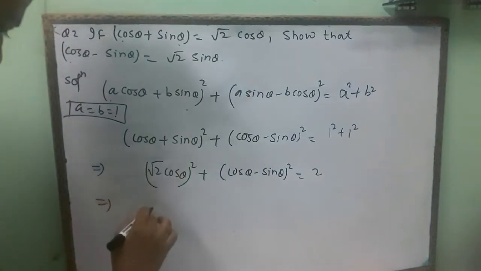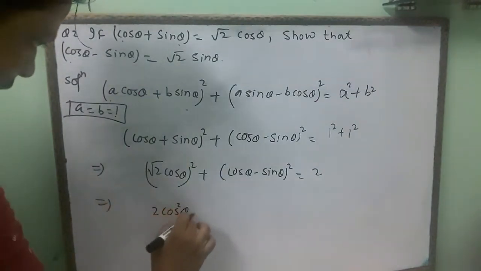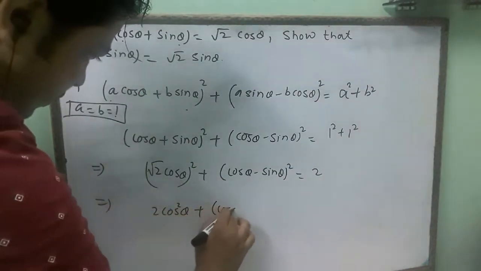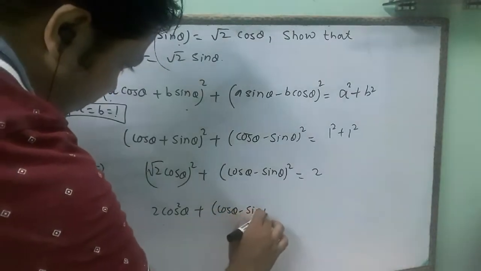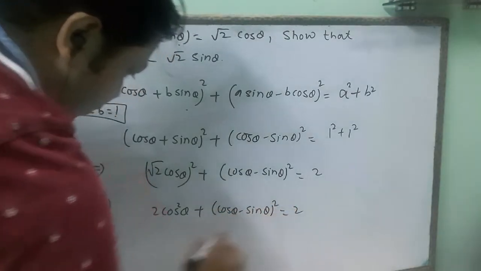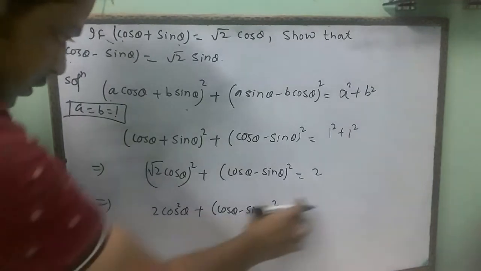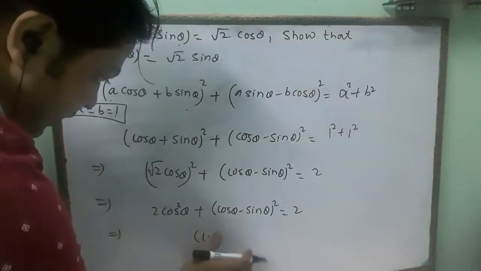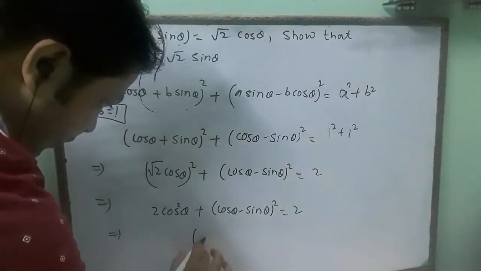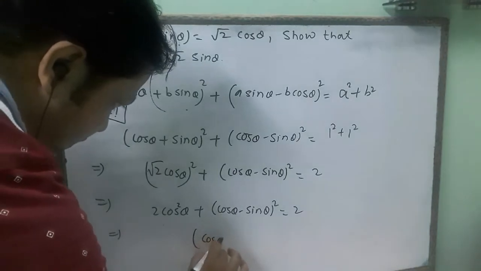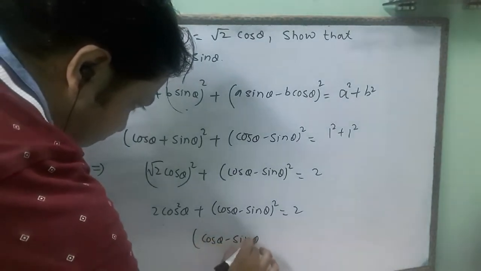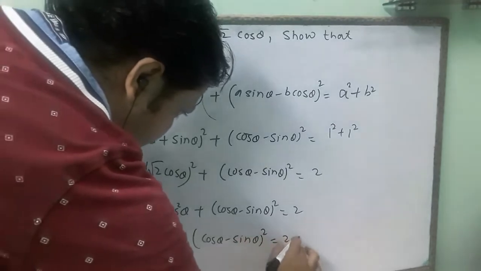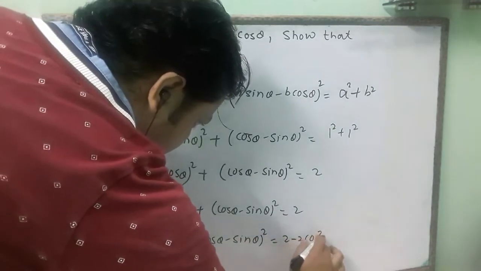So now this is 2 cos square theta, and cos theta minus sin theta whole square is equal to 2. Take 2 cos square theta to the other side, so it will be cos theta minus sin theta whole square is equal to 2 minus 2 cos square theta.